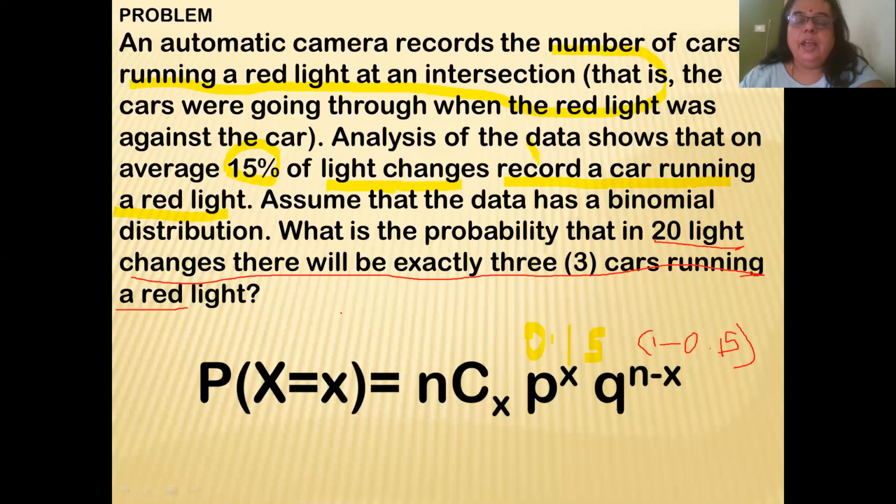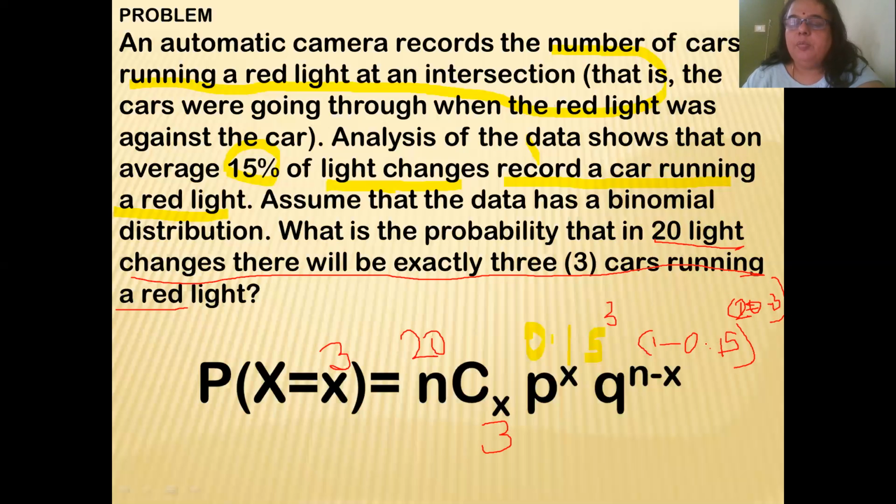That is, n is equal to 20, x is equal to 3. nCx, that is 20C3 into 0.15 to the power of 3, into 1 minus 0.15 to the power of n minus x, that is 20 minus 3.